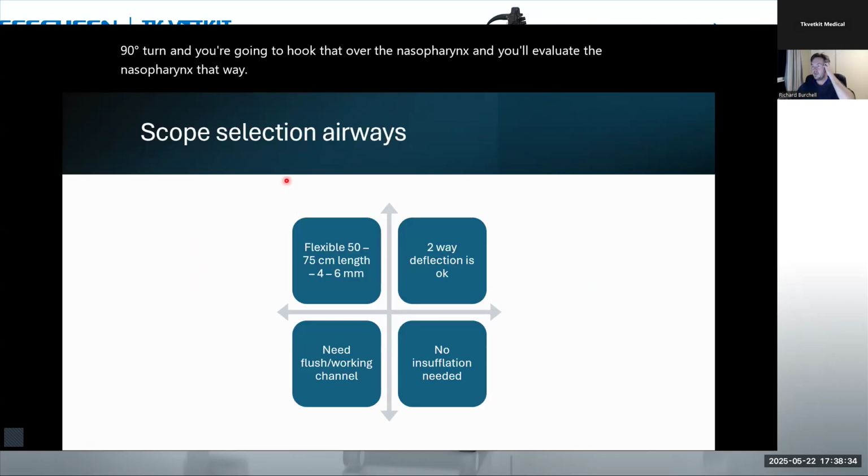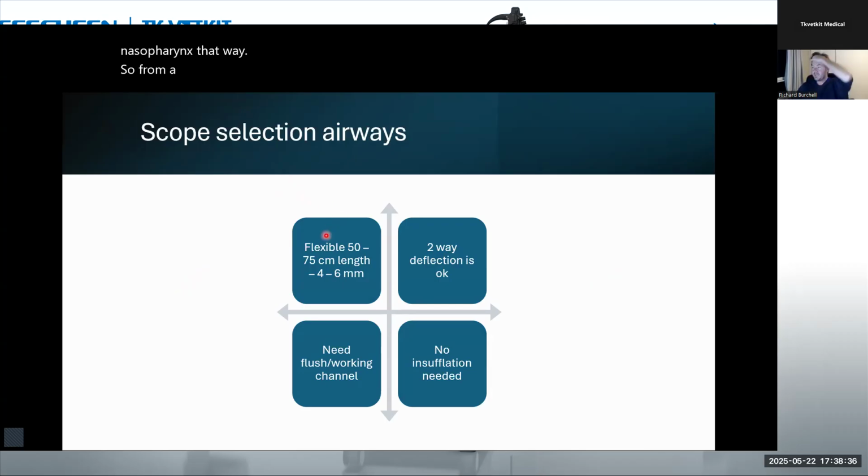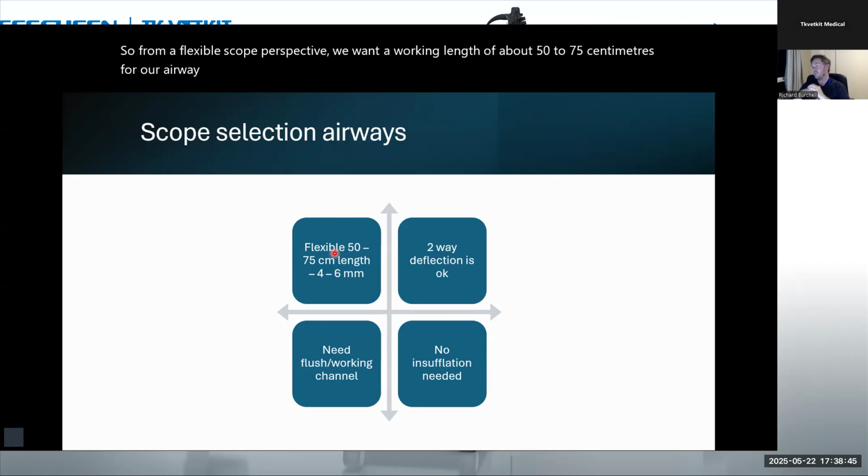So from a flexible scope perspective, we want a working length of about 50 to 75 centimeters for our airway and a diameter of about 4 to 6 millimeters. Now, you have deflection. That is the little handpiece that allows you to move the scope.